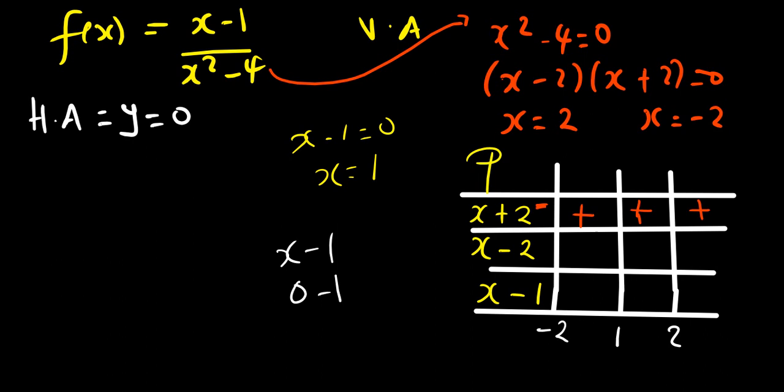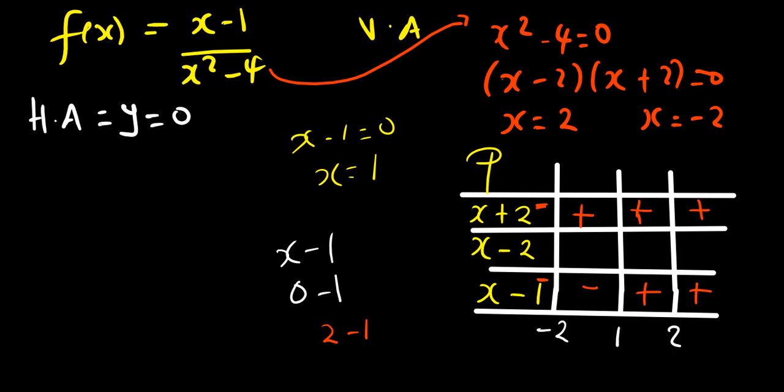So this here will be a negative. Any number that you're going to get, even this one, will be a negative. But if we get a number that is greater than 1, let's say a number like 2, 2 minus 1 will just give us a positive. So this will be positive and this one will be positive.